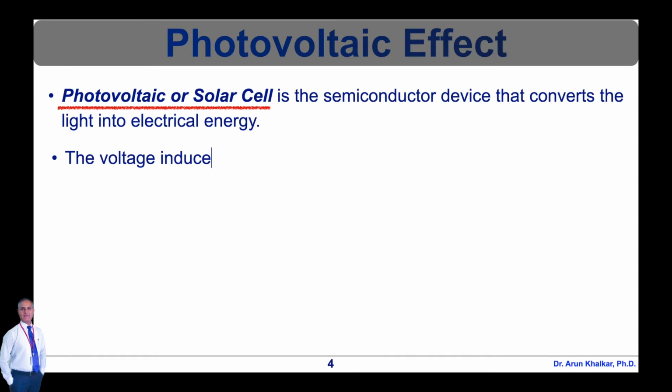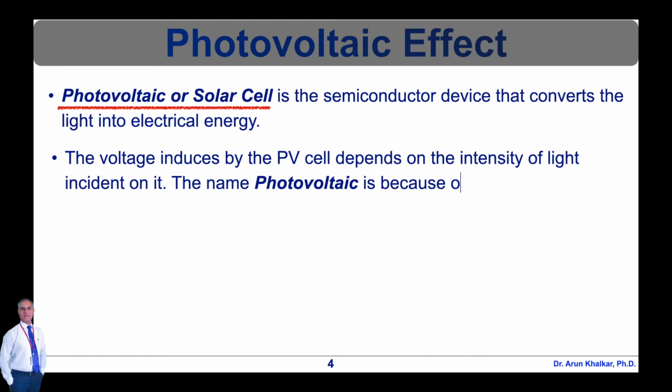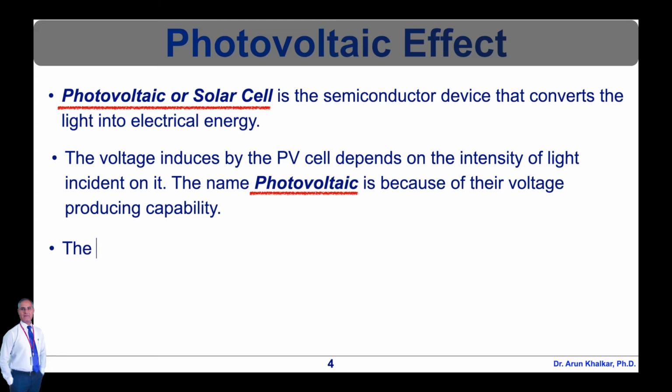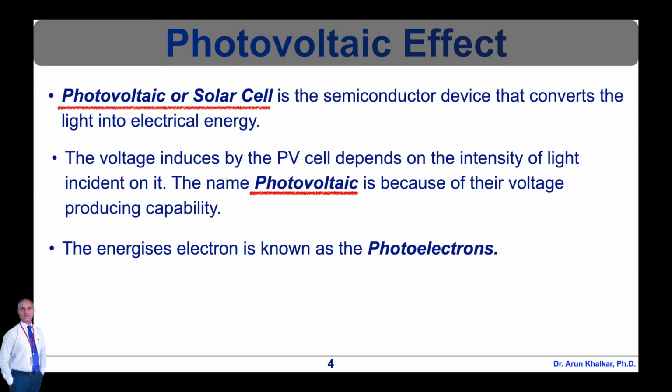later. The electrons of the semiconductor material are joined together by covalent bonds. The electromagnetic radiations are made of small energy particles called photons. When the photons are incident on the semiconductor material, the electrons become energized and start emitting.